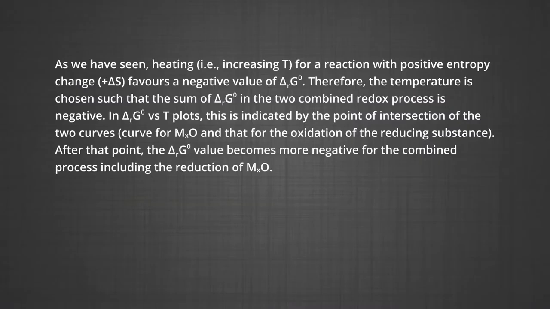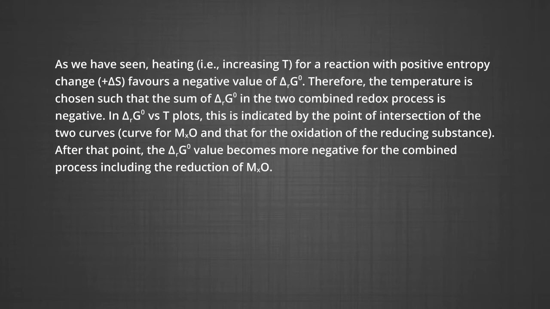As we have seen, heating, that is increase of temperature, for a reaction with positive entropy change, positive delta S, favors a negative value of delta G naught formation. Therefore, the temperature is chosen in such a manner that the sum of delta G naught formation in the two combined redox processes is negative.